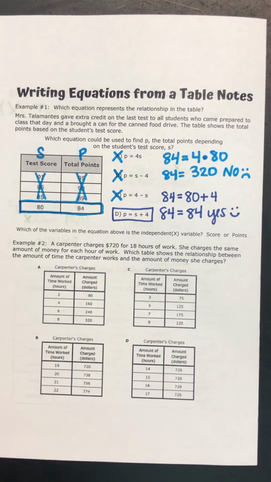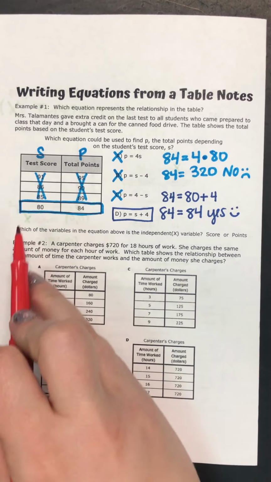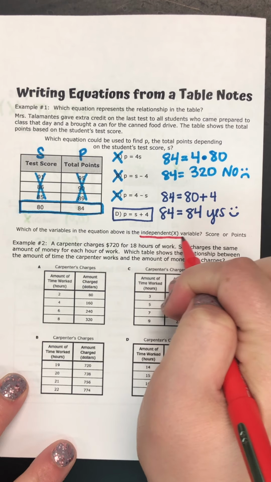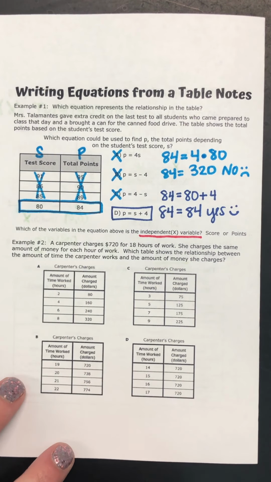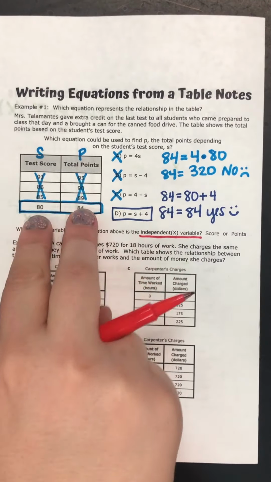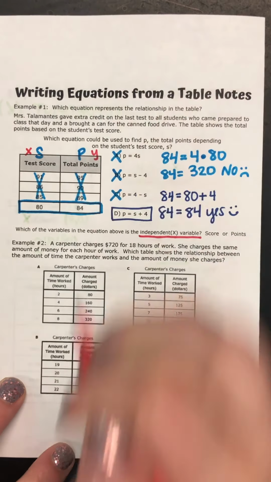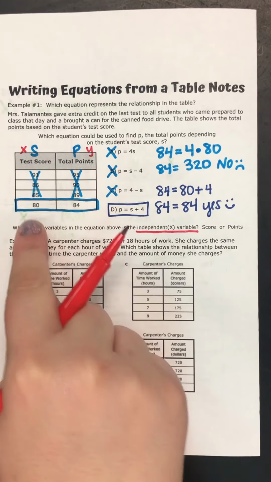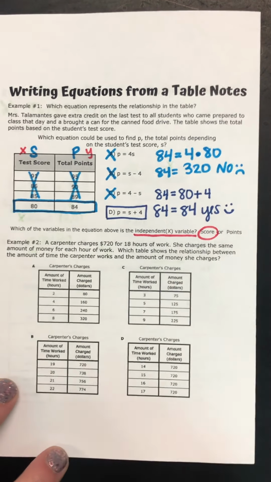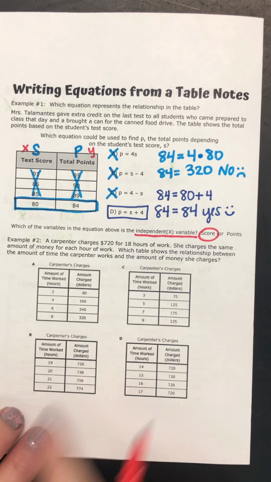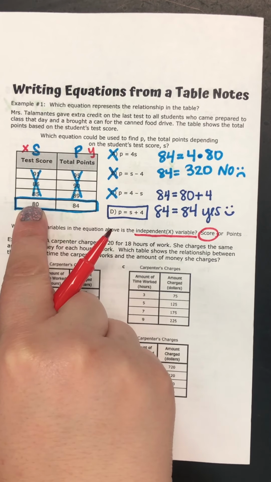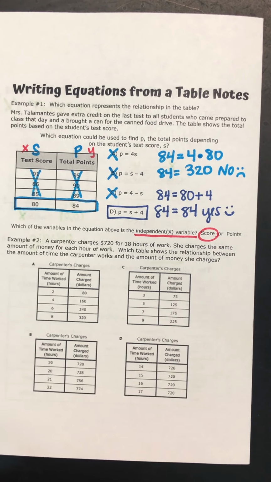Now it says, which of the variables in the equation above is the independent variable? Remember, if we're looking at a table, we have our X first and then our Y. So independent will be the score. Remember, independent is your X, and if there's ever time involved, time is always going to be independent.